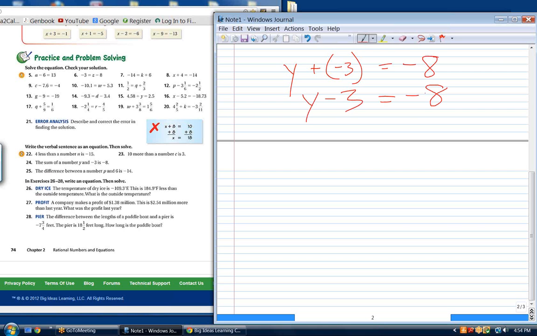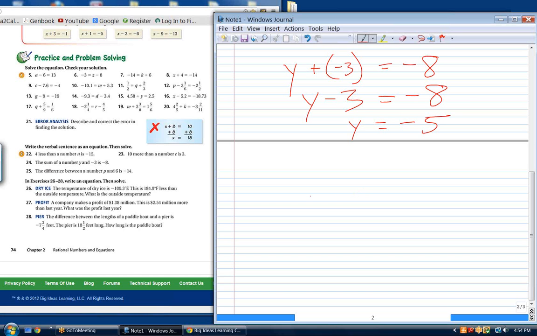I mean, plus negative 8? Okay, so you would add 3 to both sides of the equation. And then you get y equals negative 5. There you go.